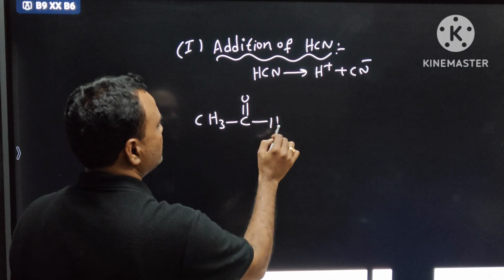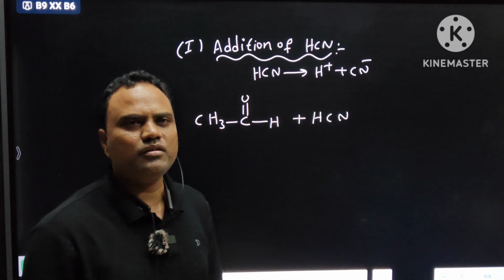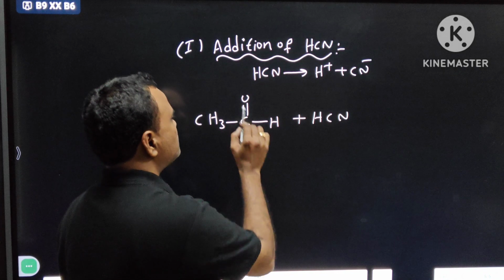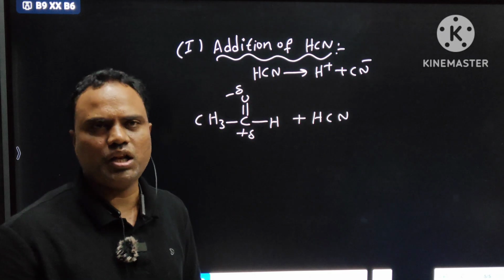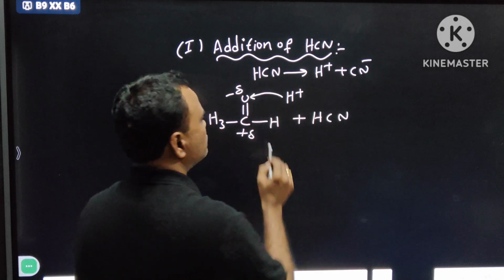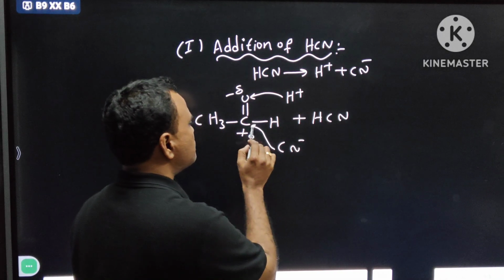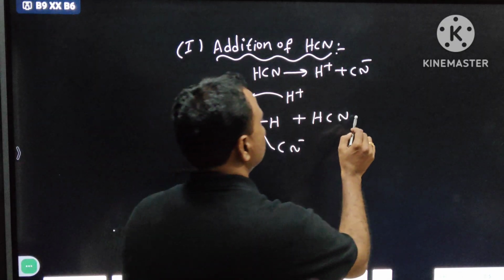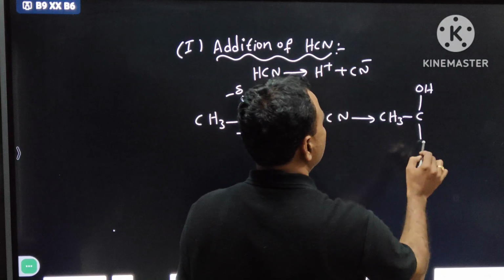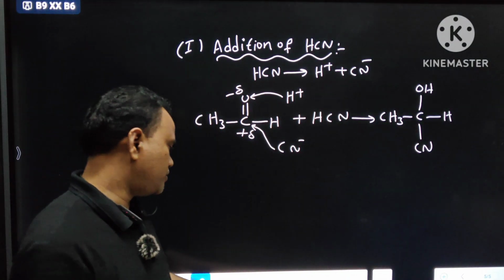I am taking an aldehyde and adding HCN. Now you tell me, the carbon has which charge? Positive charge. Oxygen has which charge? Negative charge. So positively charged hydrogen attaches to oxygen and negatively charged CN minus attaches to the carbonyl carbon to give a compound which is called cyanohydrin.